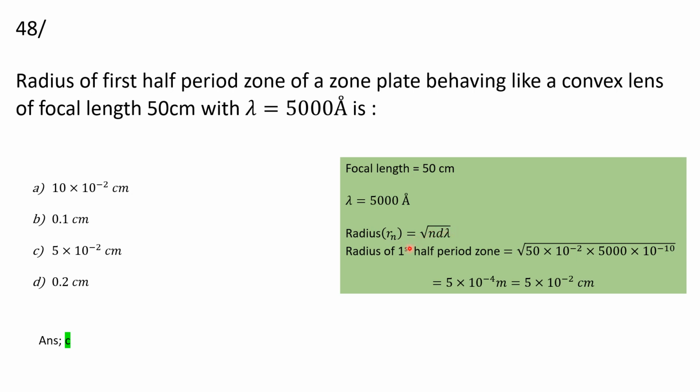It has been asking for the radius of the first half period zone, so here n will be 1. So d is equal to 50 centimeter, that is 50 into 10 to the power minus 2 meter, and lambda is 5000 Armstrong, that is 5000 into 10 to the power minus 10 meter. By solving it, we get the final result as 5 into 10 to the power minus 2 centimeter. So here option C is the correct answer.